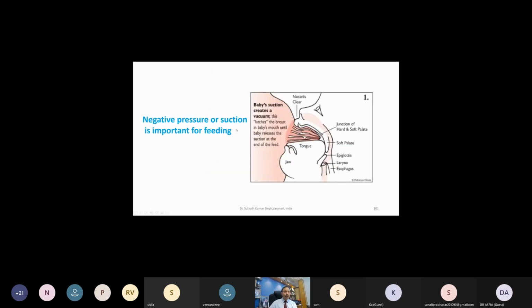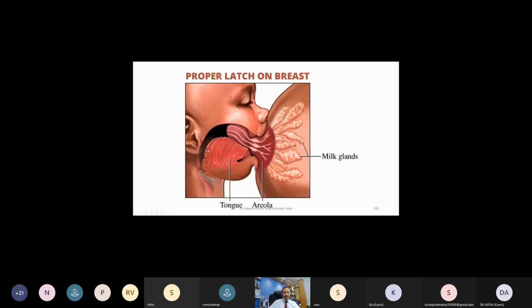Now, what happens in normal feeding? Negative pressure or suction is created by the child, and the milk is sucked from the breast and swallowed. For a proper latch, the lips evert, and they take in all the areola, and the nipple is pressed between the tongue and the hard palate, where the latch is almost at the border of the areola.